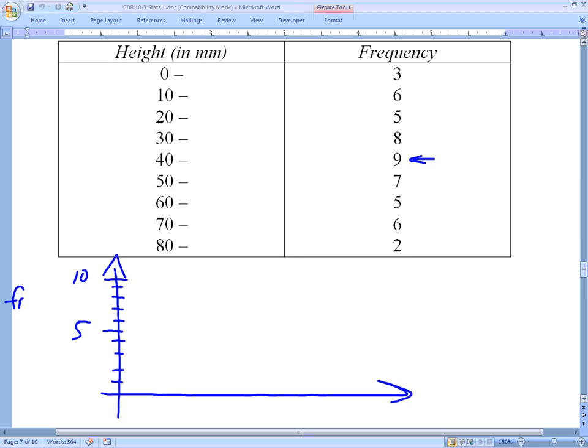So normally our graphs will only have one variable, and so our y-axis is the frequency of that variable. And then for my x-axis, that's my actual data, my actual variable, which is height in millimeters. And that's not a great variable because height of what?